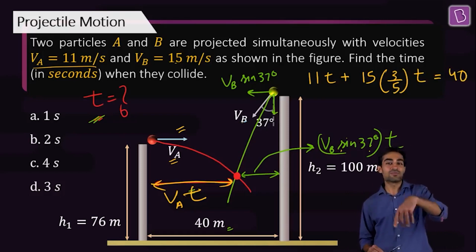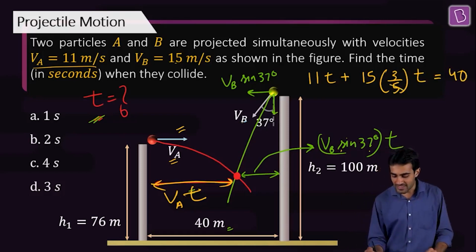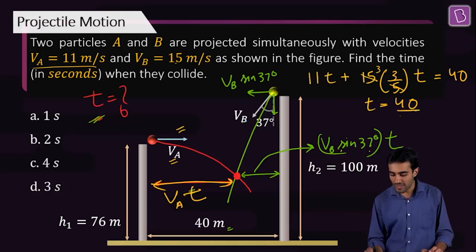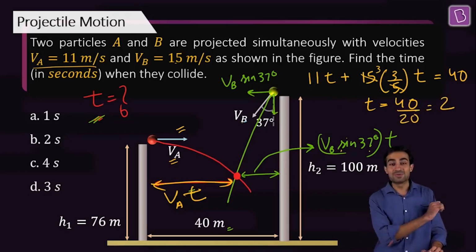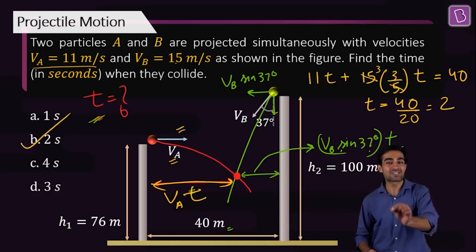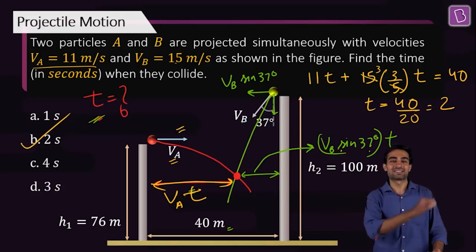So from this equation, we get the time t. And we see that 5 3s are 15 and we have 11t plus 9t as 20t. It is equal to 40 and time t is 40 by 20, which is 2 seconds. And let us mark option B as the right answer for this question.